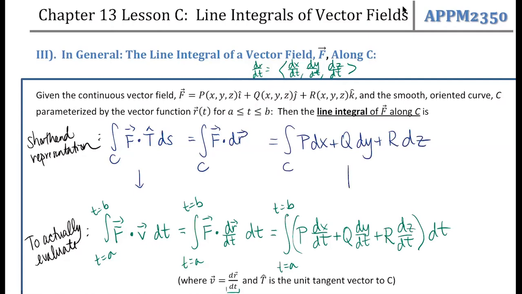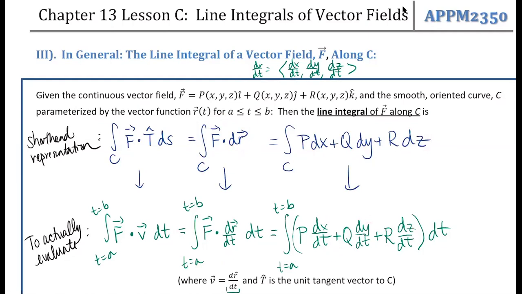And again, just like we did with the middle representation, this is meaningless until you change variables and basically divide by dt, multiply by dt here, and write it in something that we can actually calculate. Same thing here. This is meaningless. I can't just integrate with respect to x, y, and z here. I'm going to convert everything to be in terms of t and then integrate.